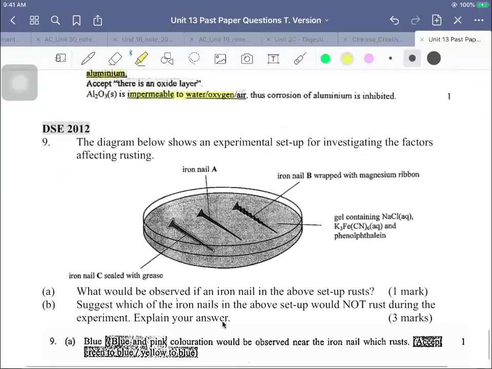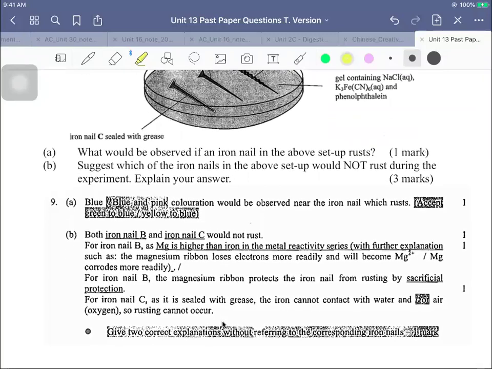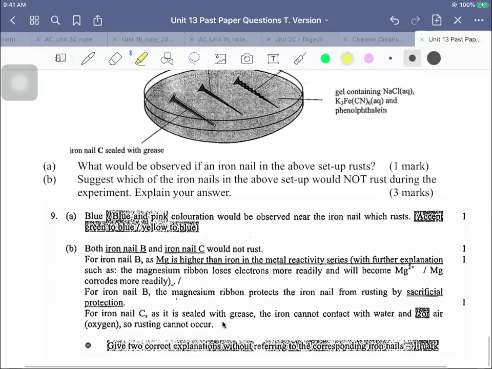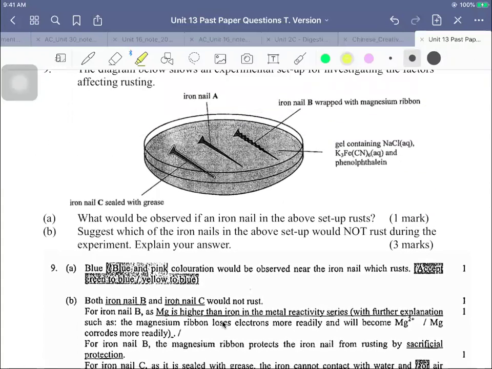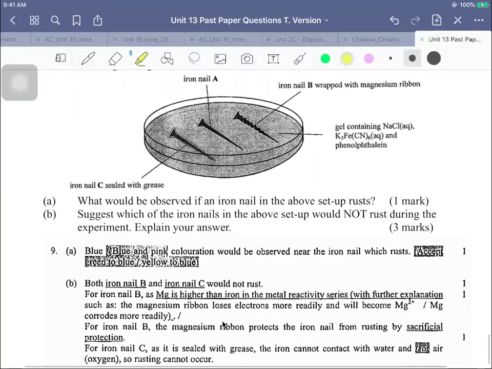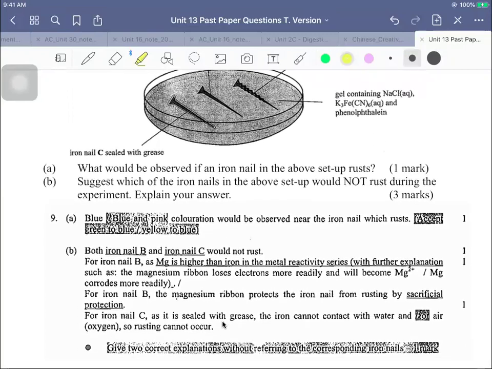So the last question here. The first one, most of you get it. It should be blue and pink. Okay, and part B. Most of you mentioned C will not rust, because it's covered with oil, so it prevents contact with water and oxygen. So quite obvious.